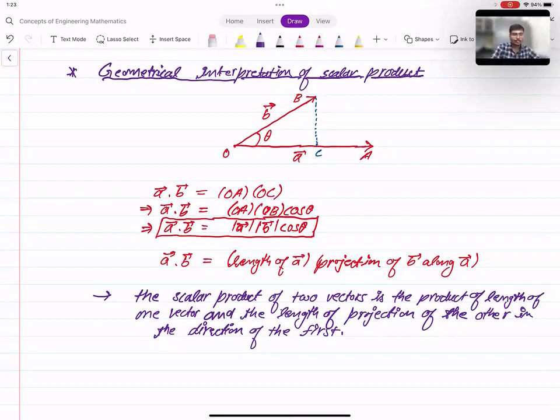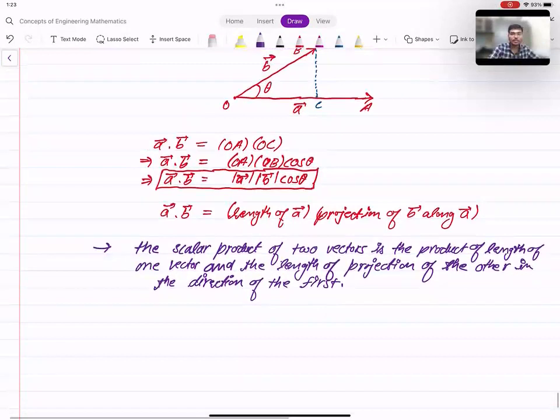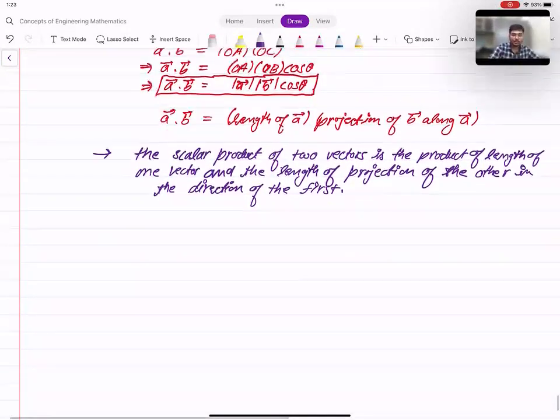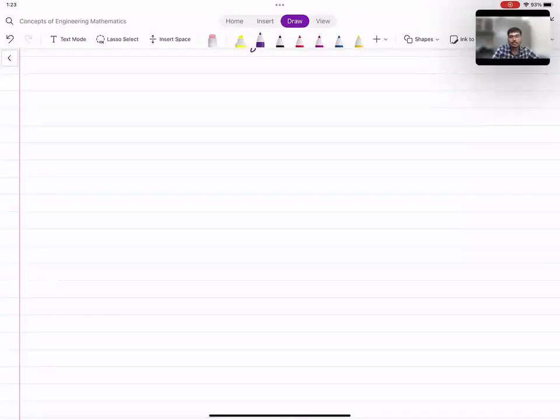And this scalar product finds its application in various problems related to engineering concepts, as we have mentioned. One example of this application of the dot product is work done. Work done is represented as the dot product of the force vector and the displacement vector.